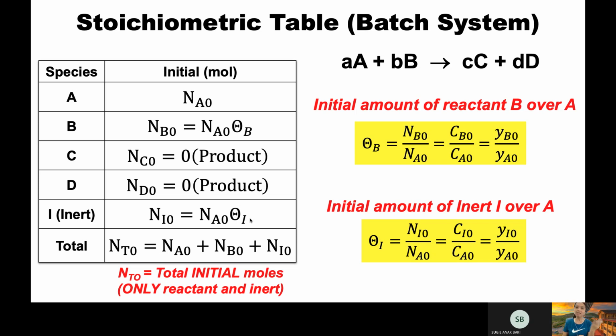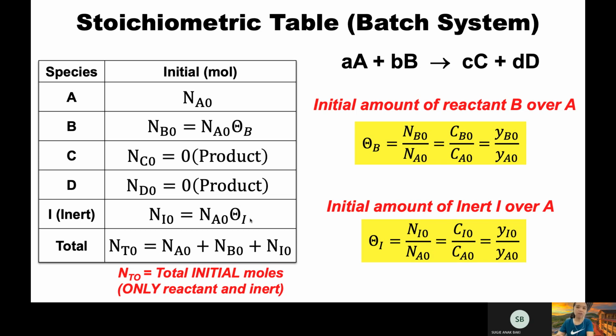So theta B equals to 0.25 divided by 0.5, is half. Okay, so you get A punya theta B. So kalau theta I, theta inert will be again, berapa percentage, berapa fraction of inert? 0.25, right?